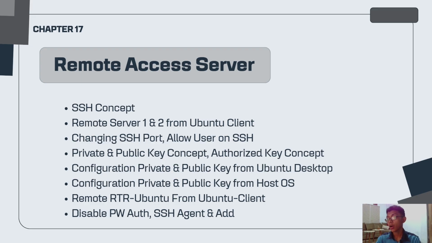Next, I will practice the configuration of private and public keys from the Ubuntu desktop and also from the host OS. After that, I will try to remote the router Ubuntu from the Ubuntu client, and I will also configure disabling password authentication, and I will use the SSH agent and add.